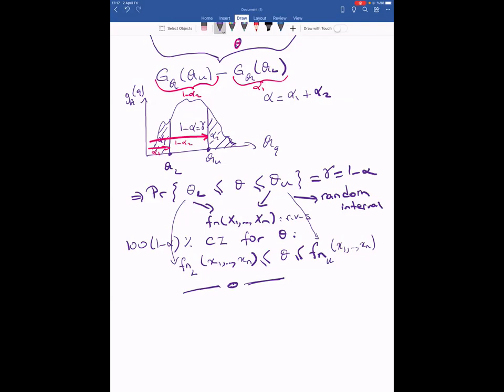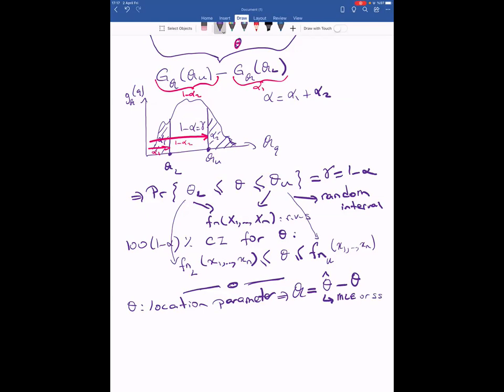So when our unknown parameter theta is a location parameter, then our pivotal quantity Q will be an estimator minus theta. This estimator has to have good properties, like the MLE or a sufficient statistic for theta.